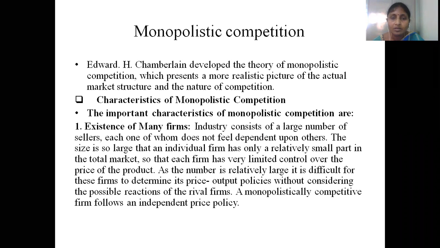Each and every seller affects the market only a very small part, because an individual firm has only a relatively small part in the total market. So he has only limited control over the price of the product. He does not have total control over the price; he has only a little control.